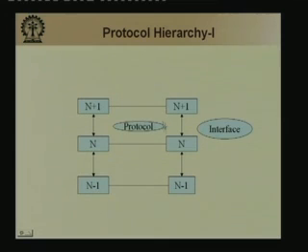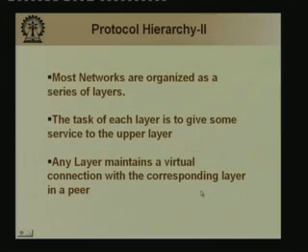Similarly, another node connected to the network will have its own layers, and at the same level, let us say n and n here, they are peers. So, there will be a protocol between this n and n, whereas there will be a service interface between the n plus 1th layer and the nth layer. Similarly, there may be a service interface between the nth layer and the n minus 1th layer, and so on. Let us see what they are like.